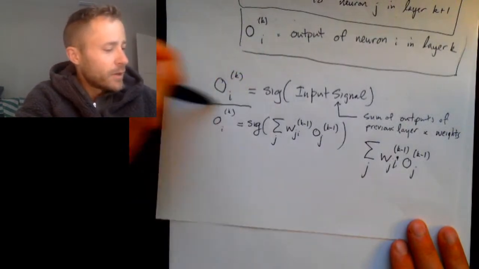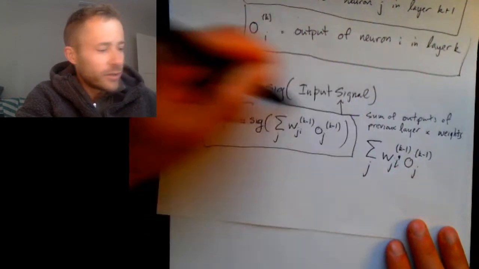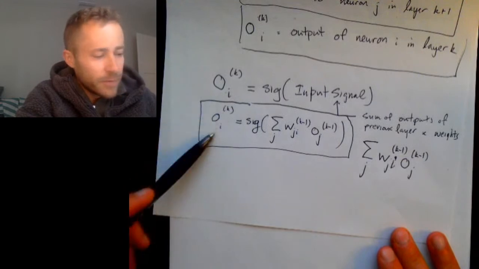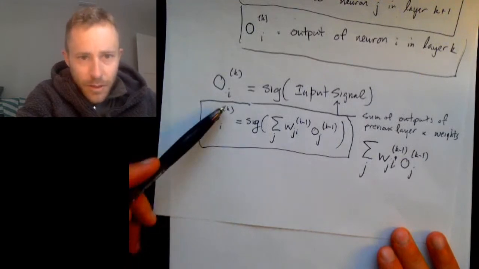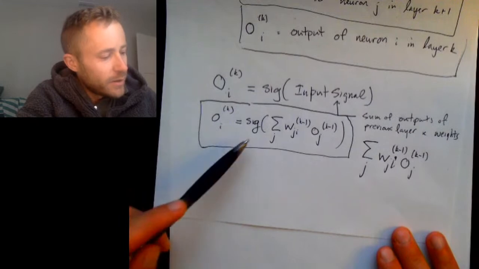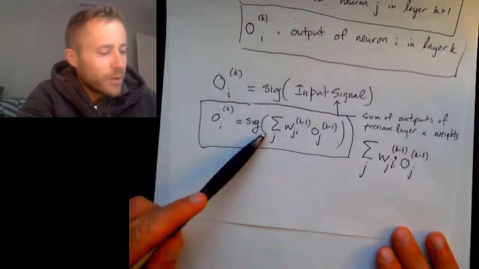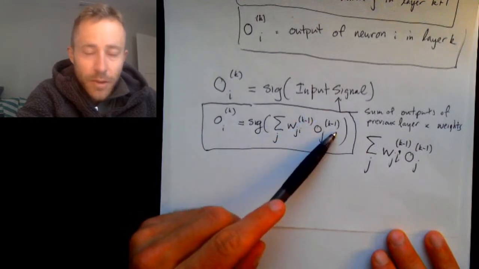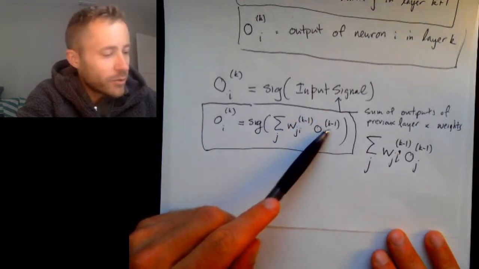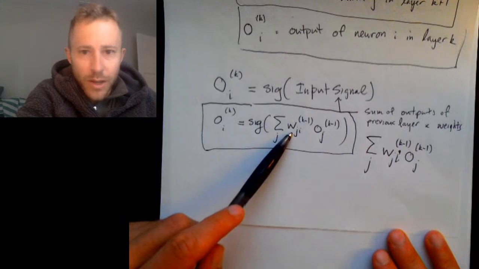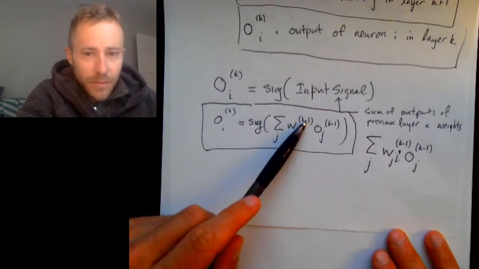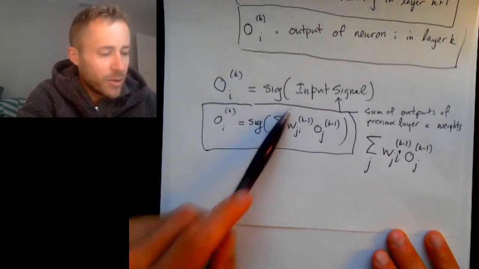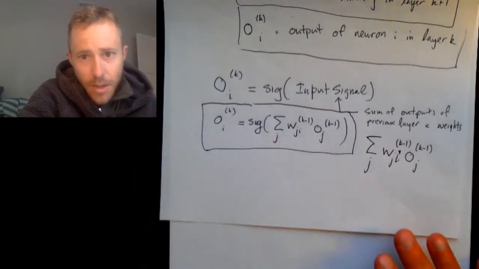All right. So what it says is that the output of a neuron I in layer K is the sigmoid function applied to the outputs of the previous layer, because it's K minus 1, multiplied by the weights in the previous layer that connect into neuron I, and then we're summing over all of those, okay?